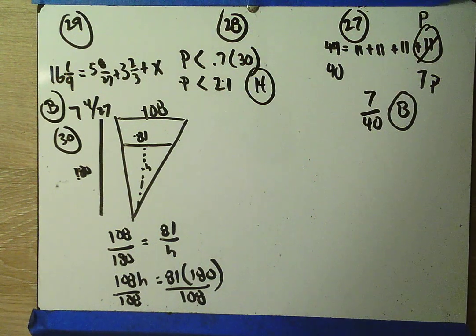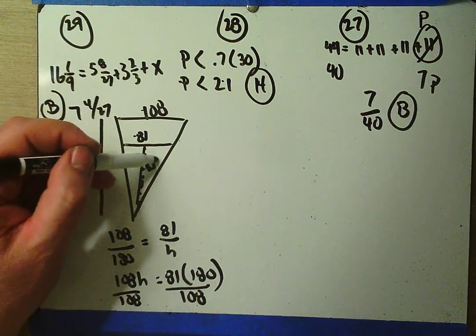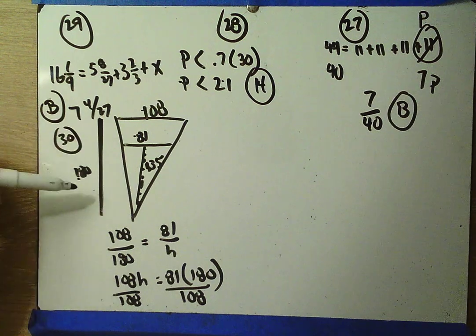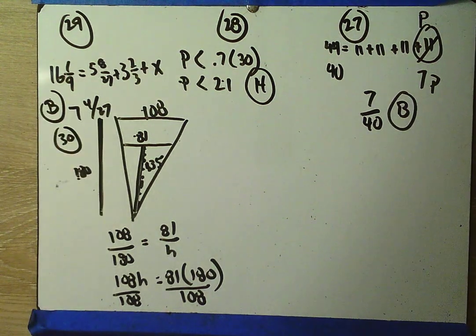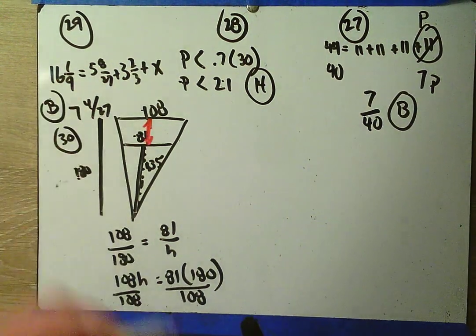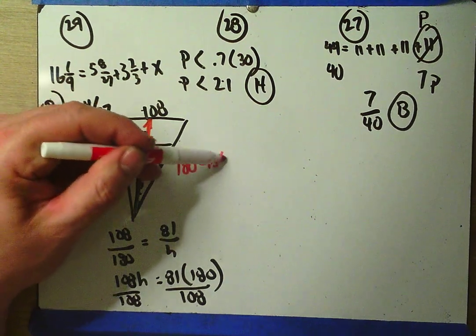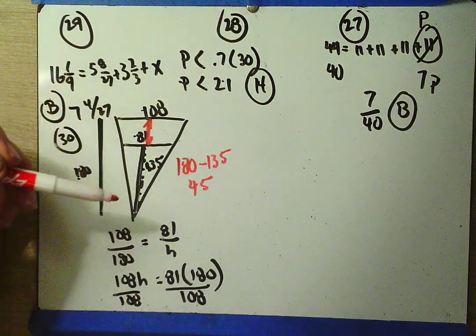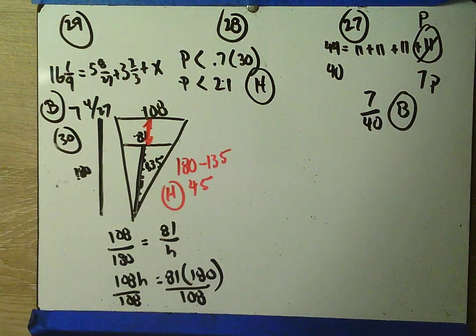I get 135 degrees, 135. So this is 135. This whole thing is 180. This is 135. And in this question, they're asking us, what's this change? How much did it change position? So 180 minus 135 gives me 45. And that's choice H. H for number 30.